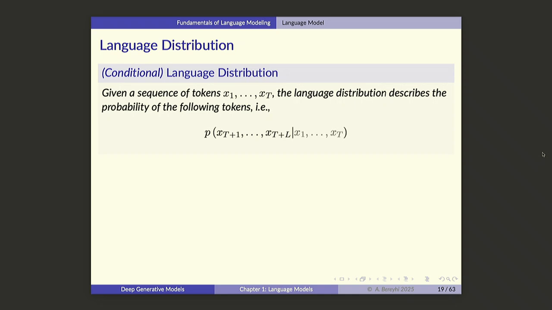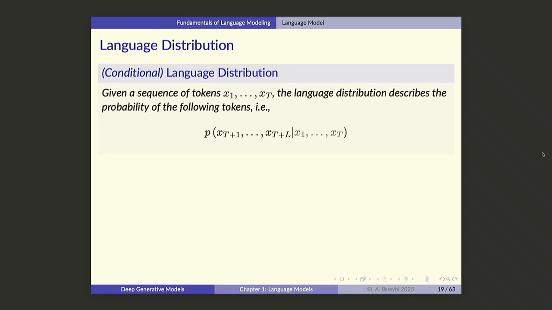So everybody's happy about the idea of language distribution? What I mean is that the language distribution is essentially a conditional distribution, which looks at the tokens you have up to one specific time and then computes for you the probability of the next tokens coming. If you think about L different tokens after the T tokens that you have seen, it's going to compute the chances of x_{t+1} to x_{t+L}, the next L tokens, given the first T tokens that you have seen.